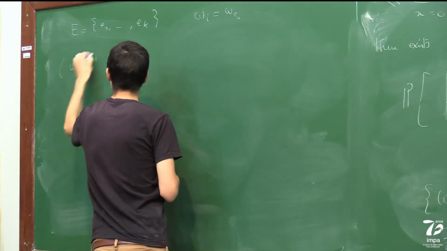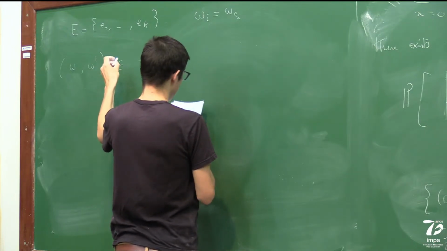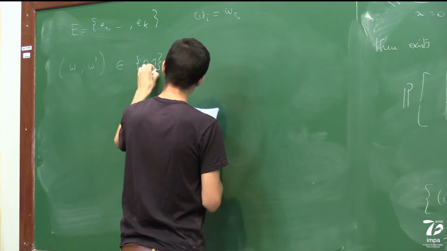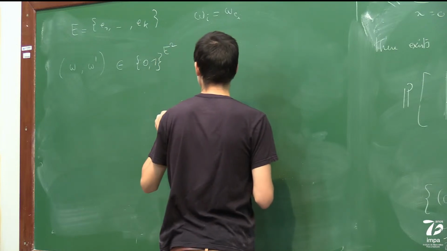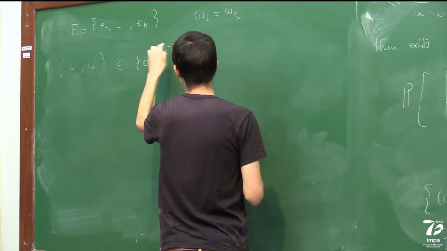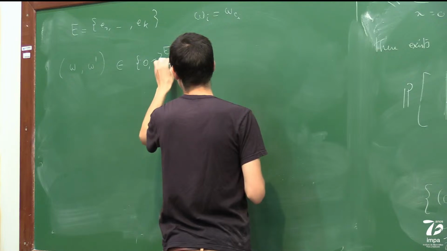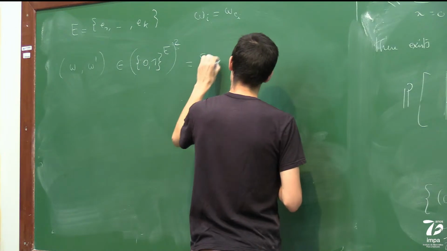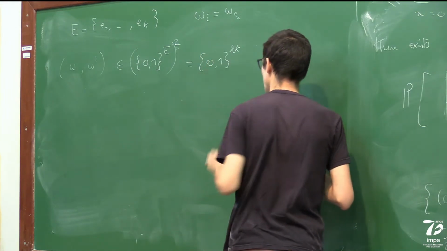So omega, omega prime will be an element of {0,1} to the 2k.